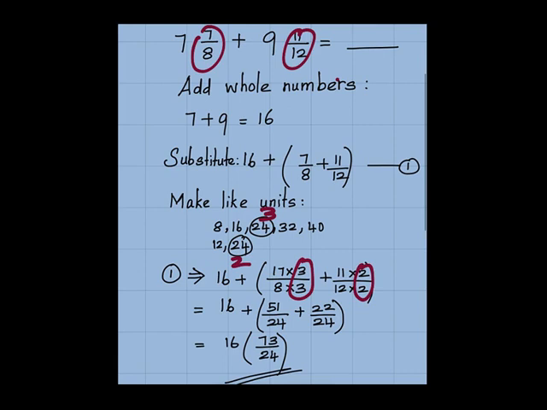When we multiply, we get 21 over 24 and 22 over 24. Now let us add. We have the same like units in the denominator. So let us add the numerators. When we add the numerators, we get 43. So the answer is 16 and 43 over 24.